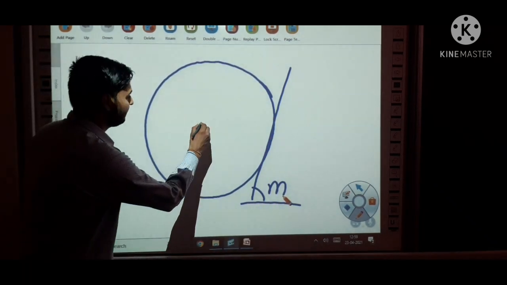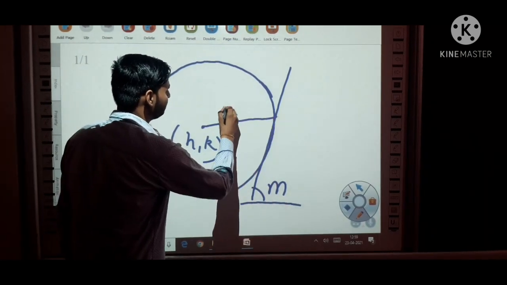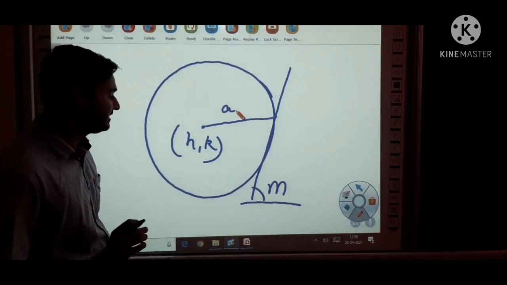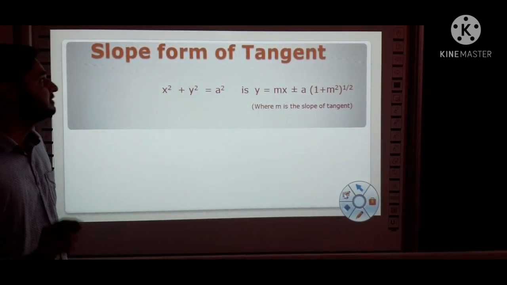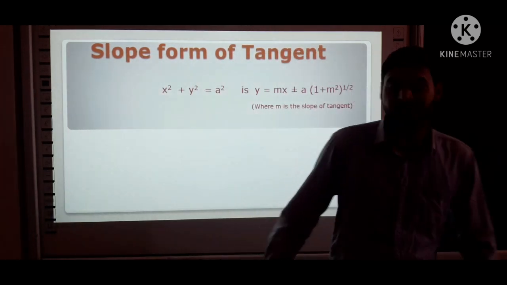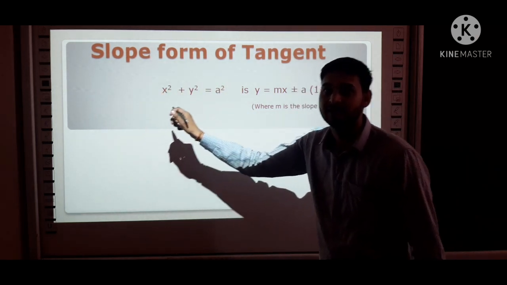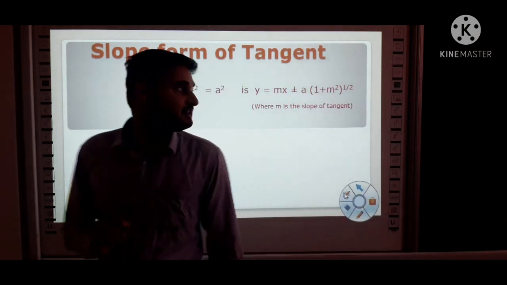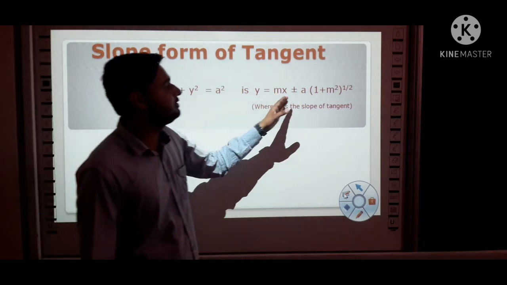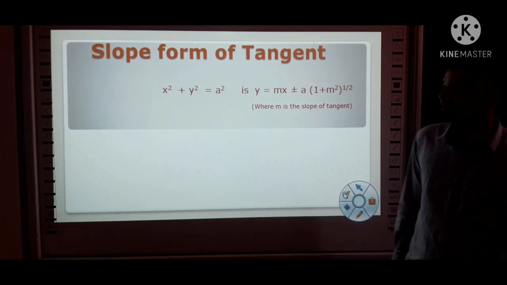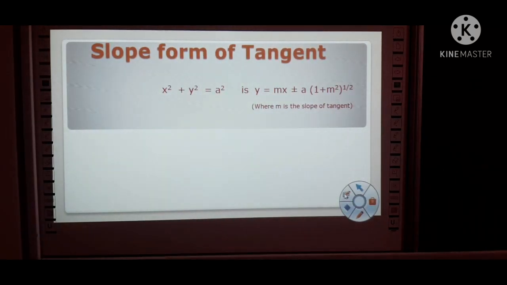This is a circle having center at h and k, and the slope of tangent is m. Then what will be the equation of the slope form of the tangent? The equation of the circle is x square plus y square is equal to a square, and the equation of tangent is y is equal to mx plus minus a into 1 plus m square raised to power 1 by 2. So you can take a screenshot of this slope form of tangent.